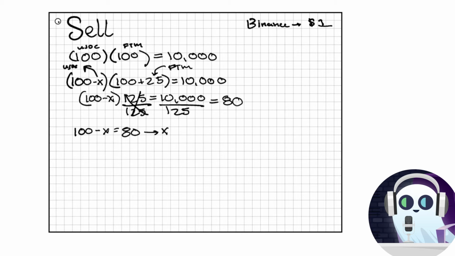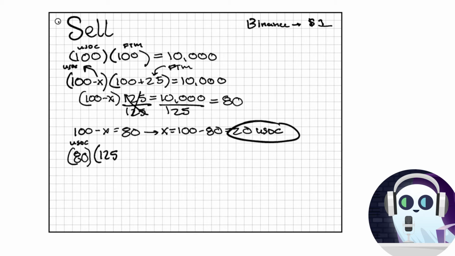And if we want to isolate x, it'd be 100 minus 80, equal to 20. So 20 USDC will come out of the AMM. What it'll look like after this trade is now there's only 80 USDC and now there's 125 FTM. And K is still equal to 10,000 because 80 times 125 is 10,000.